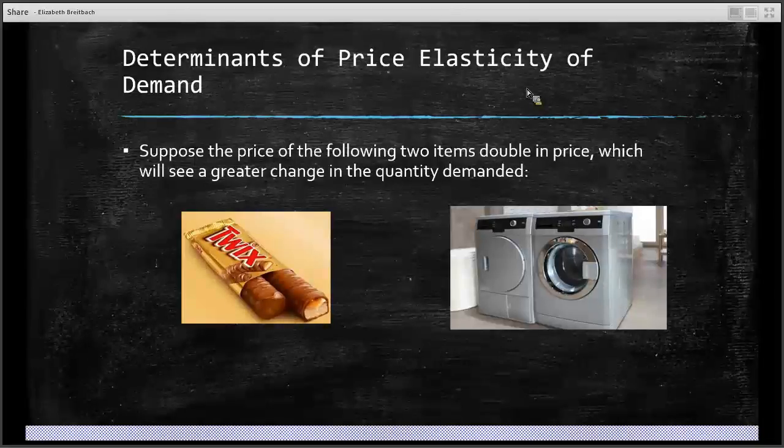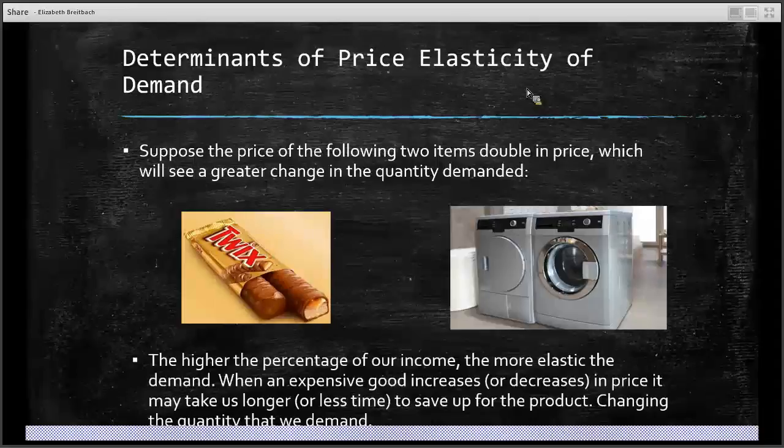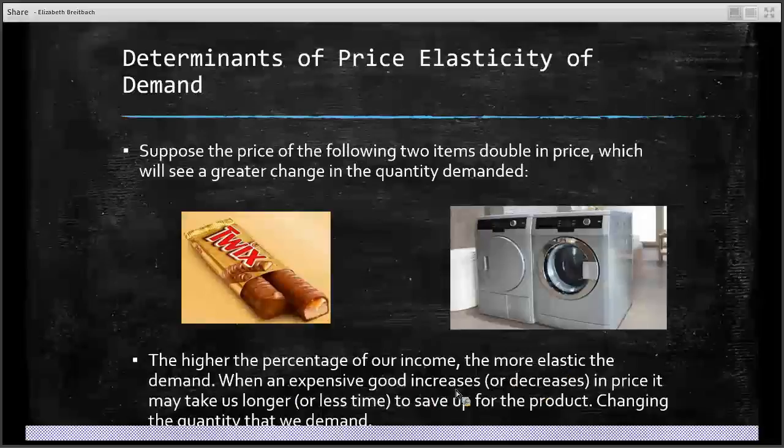We are going to respond more when the percentage of our income is greater. The more elastic demand occurs when it's going to cost us more. So if I'm planning on saving up for a washer and dryer, $700, and all of a sudden the price increases to $1,400, I'm going to have to save up longer.